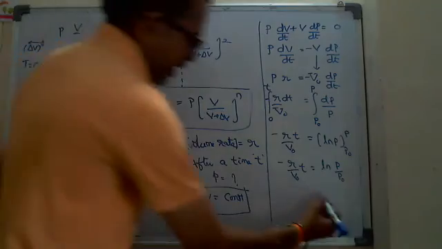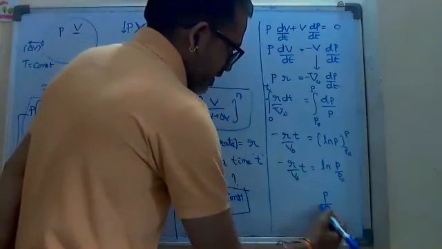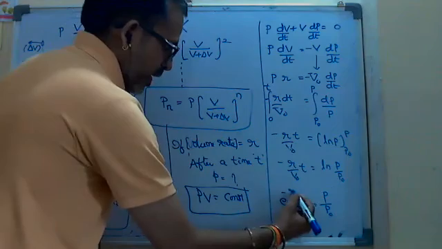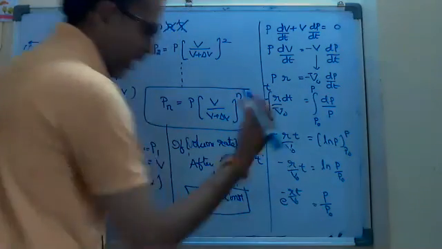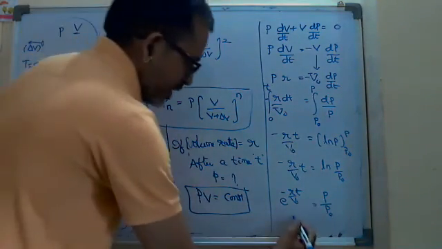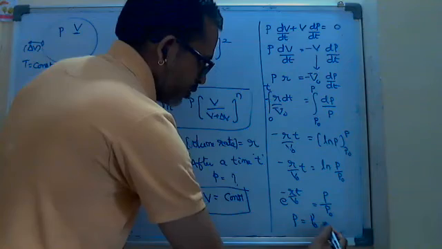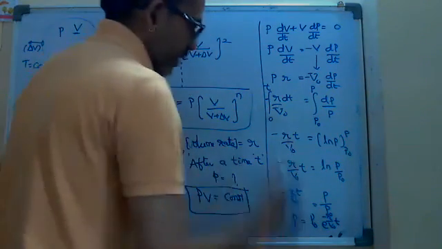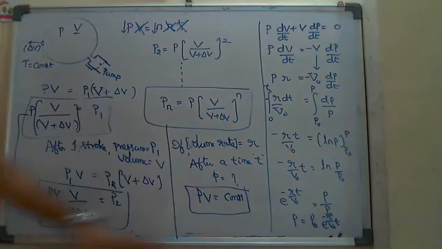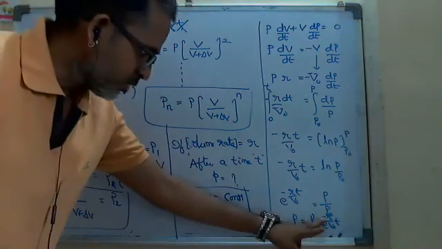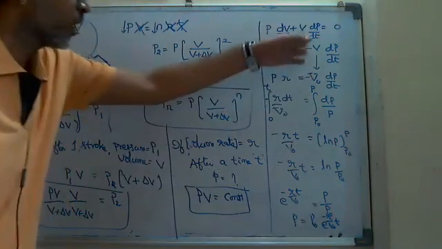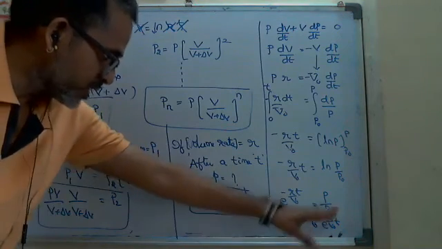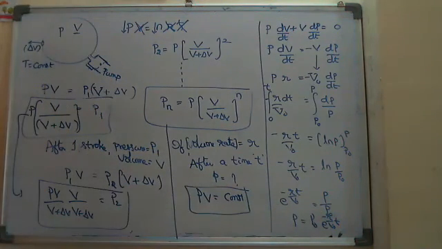That's why I can write P by P naught equals e power minus R by V naught into T. Therefore, P equals P naught into e power minus R by V naught into T. This is the final pressure, and it clearly indicates, here we got a negative sign, which indicates the pressure decreases exponentially.